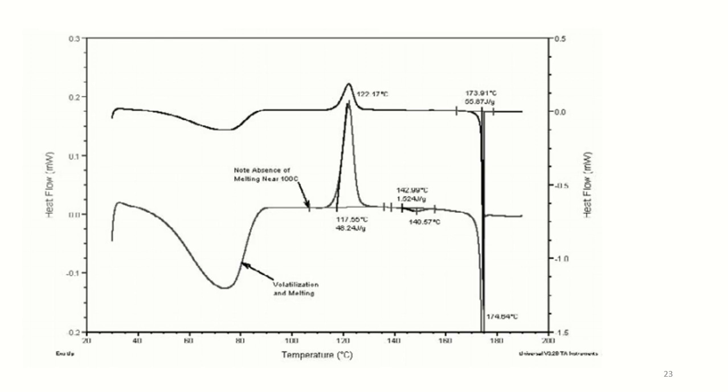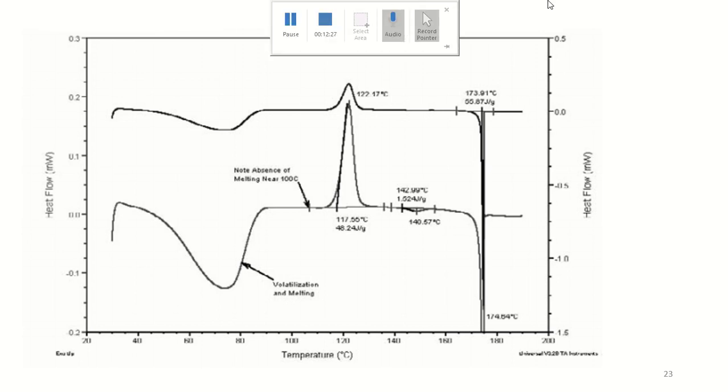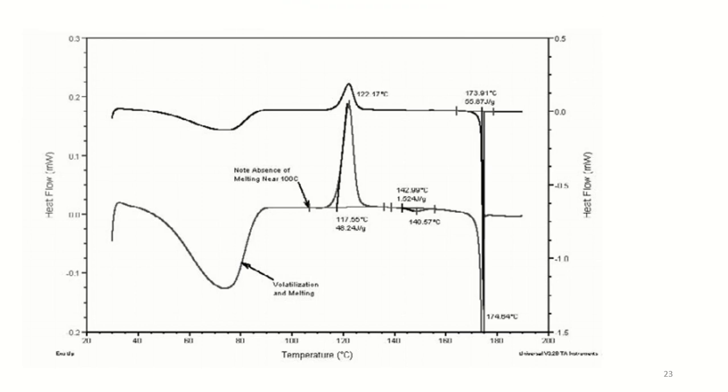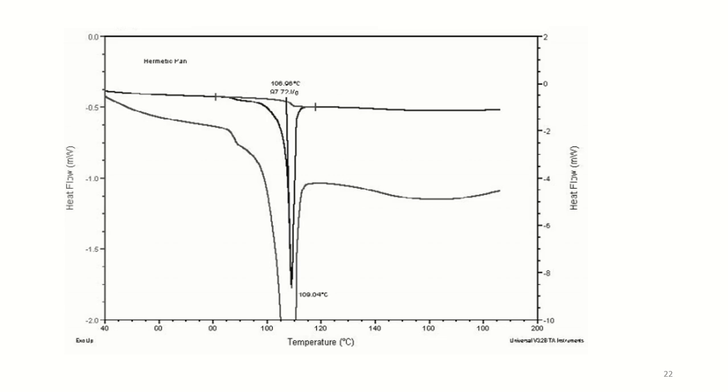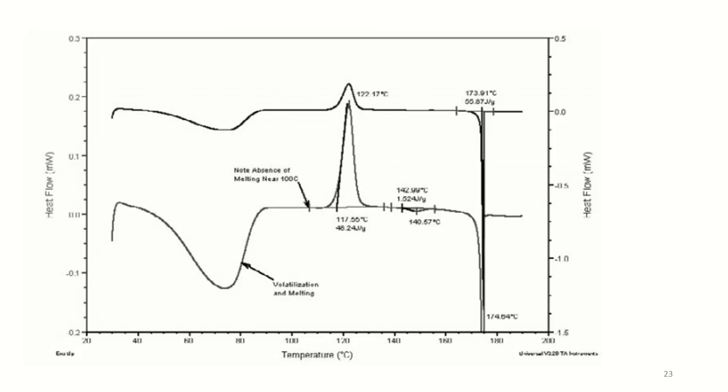The huge difference in the results is simply the result of using unsealed versus sealed pan, whereas the previous figure was created with a sealed hermetic pan, in this picture we used a hermetic pan with a pinhole in the top.